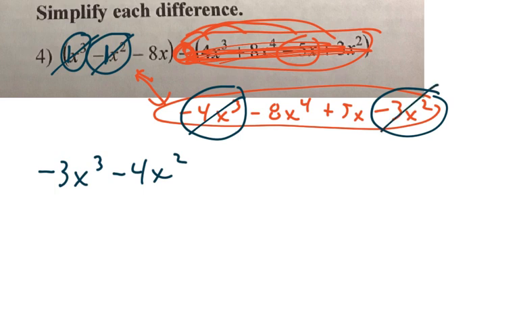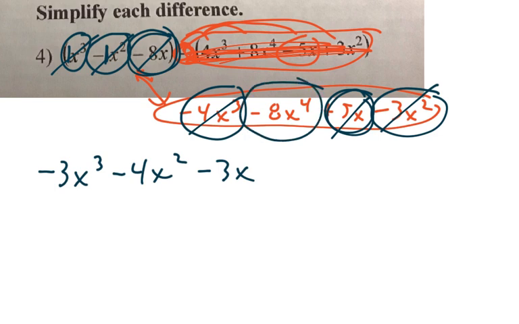You can only add or subtract terms that are exactly the same letter and power, right? I have a minus 8x. I have a 5x. This 5 minus 8 is minus 3x. The x's are done. And if you circle, match, and cross out like I'm showing you here, guys, you will never miss anything that's extra. So notice I have a minus 8x^4.